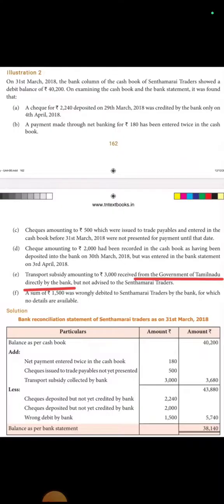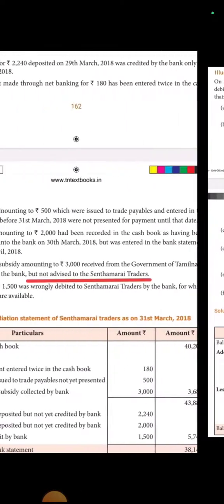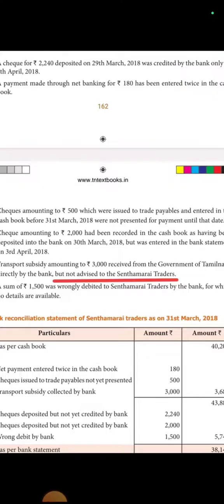So bank account increased, which means bank statement increased rupees 3000. But listen, not advised to Sendamari traders, which means this information did not come to Sendamari traders' knowledge. After receiving the bank statement on a particular date only, Sendamari traders know that he has received 3000 rupees directly from Tamil Nadu government for transport subsidy.